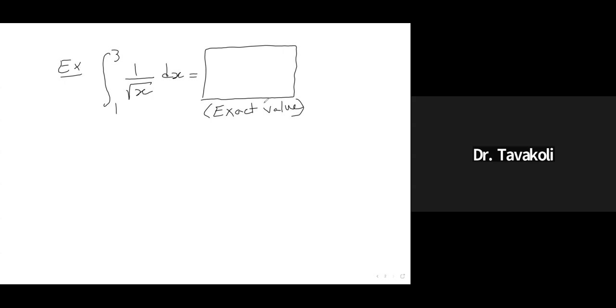Or if in some problem I have the number pi as an exact value, pi remains in the answer. Or if I have the irrational number e, that e remains in the answer. But of course, we need to simplify our answer.